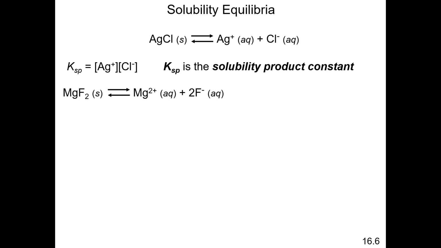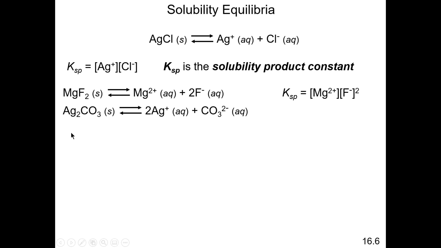So here's another example, magnesium fluoride in equilibrium with its ions. That's the equation right here, and the Ksp expression is given right here. Of course, the concentration of the fluoride is raised to the second power because you have a coefficient of 2 right here, all right? Here's another example, silver carbonate in equilibrium with silver ions and carbonate ions. The Ksp for this equation is shown here, all right?